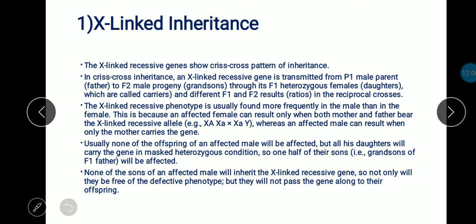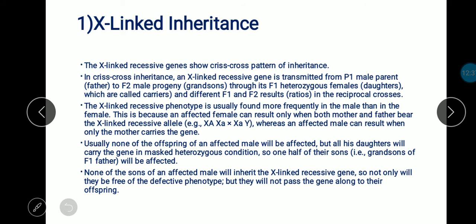Usually, none of the offspring of an affected male will be affected, but all his daughters will carry the gene in a masked heterozygous condition. So, one half of their sons, that is, grandsons of the F1 father, will be affected. None of the sons of an affected male will inherit the X-linked recessive gene.